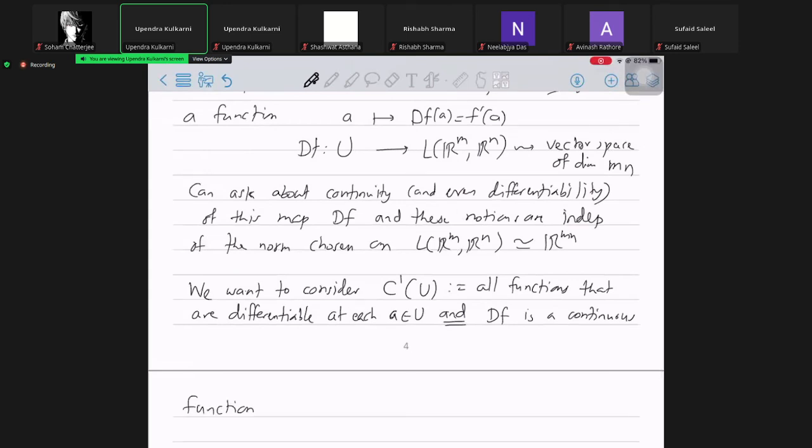So in short, we say C1 of U is the space of, or the set, let's not call it space, continuously differentiable functions. And you know from real analysis that just because a function has a derivative everywhere does not mean that the derivative function is continuous. And you must have seen examples of this.